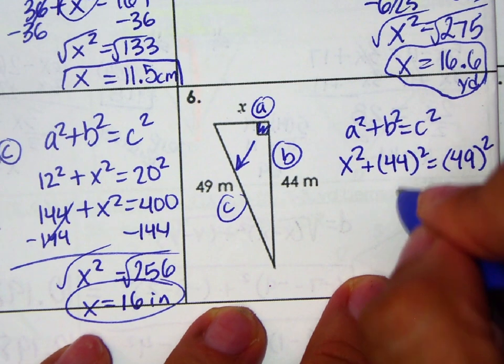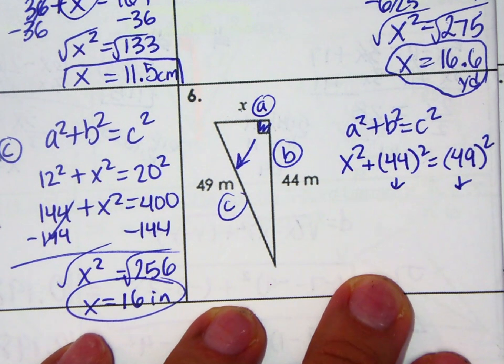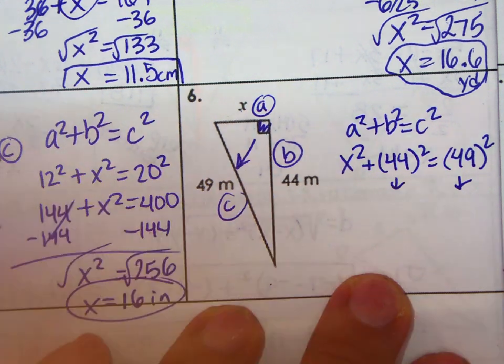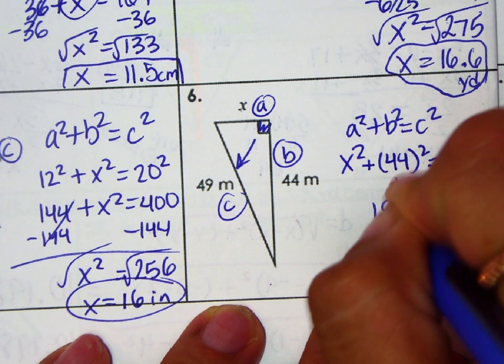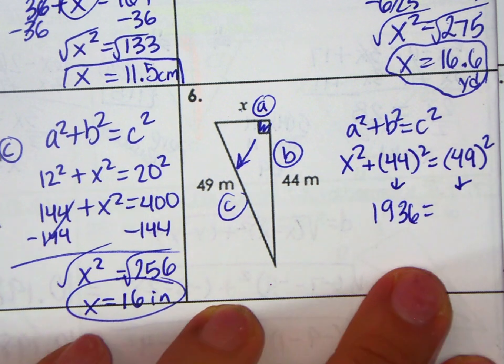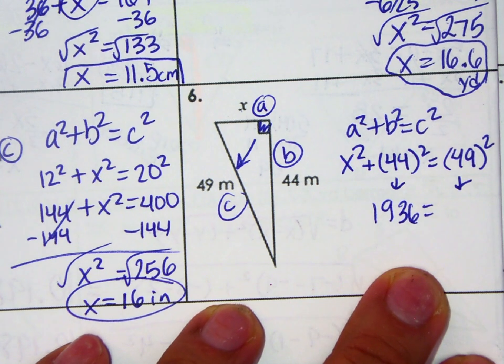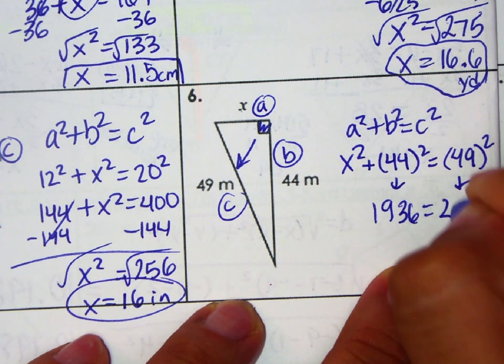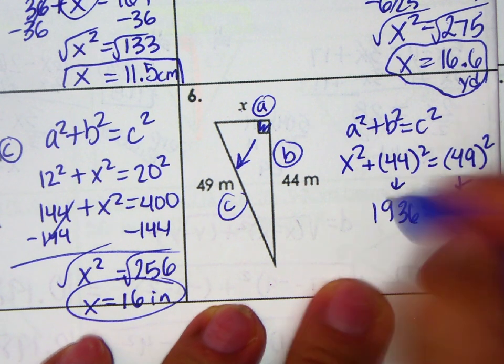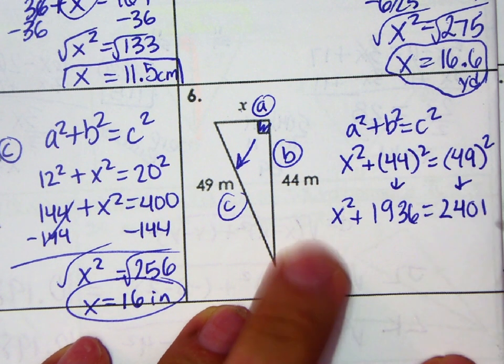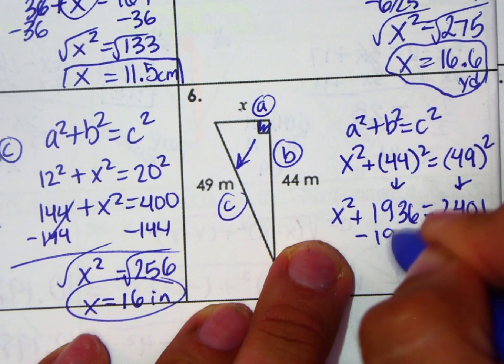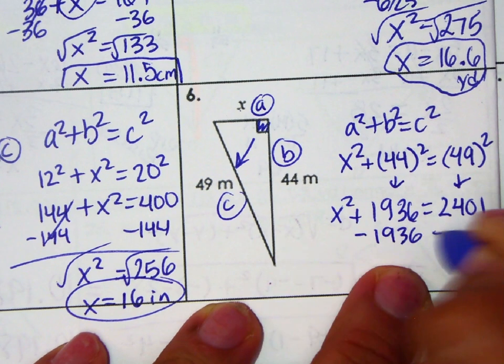Okay, so then we're going to square these two. So 44 squared is 1,936. 49 squared, it's 2,401. And to get the X by itself, we've got to subtract 1,936 from both sides.